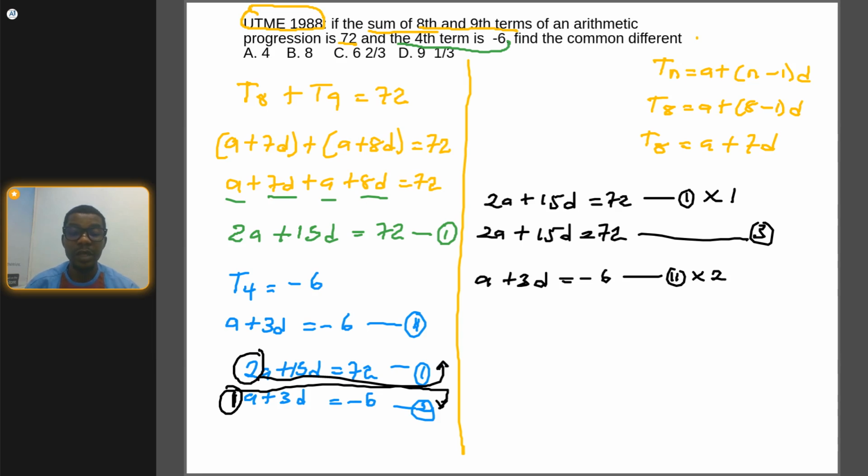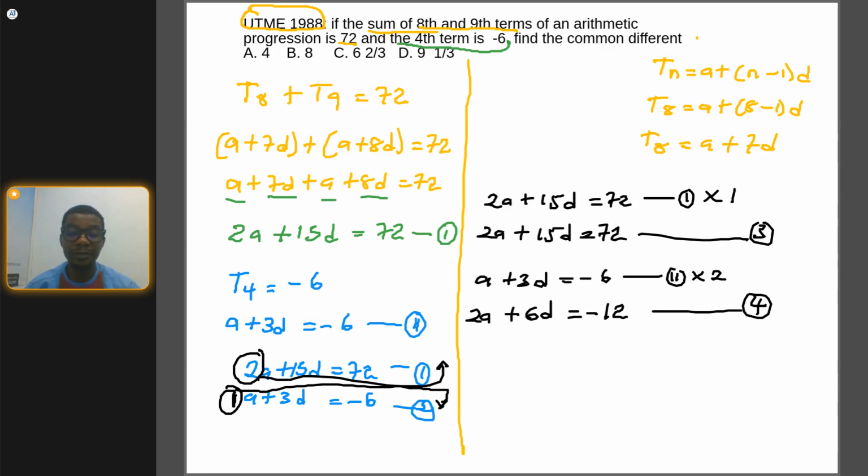That will give us 2 times a is 2a, plus 2 times 3d is 6d, equals minus 6 times 2, which is minus 12. Let's call this equation 4.